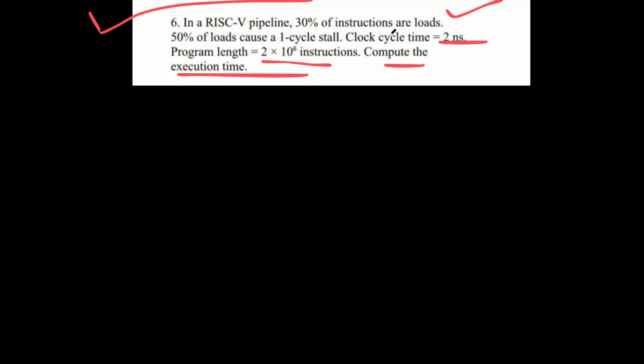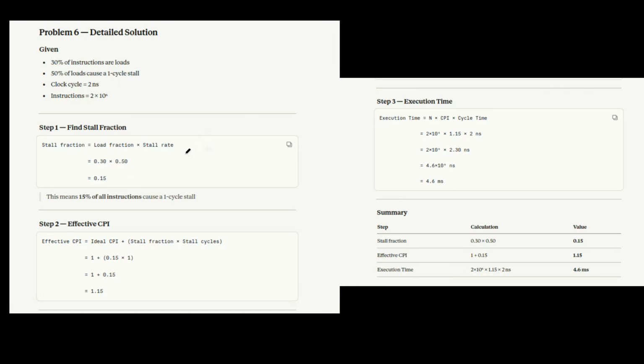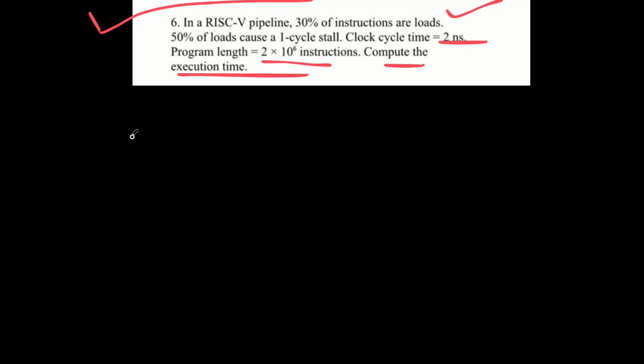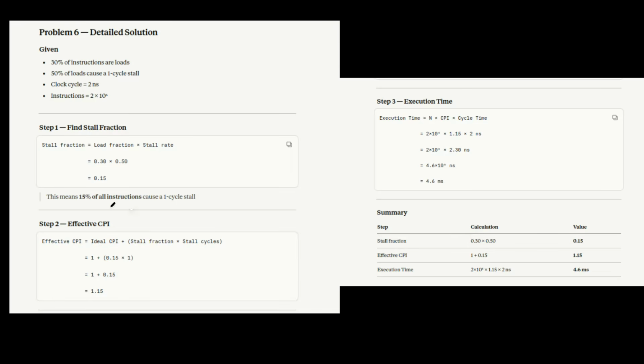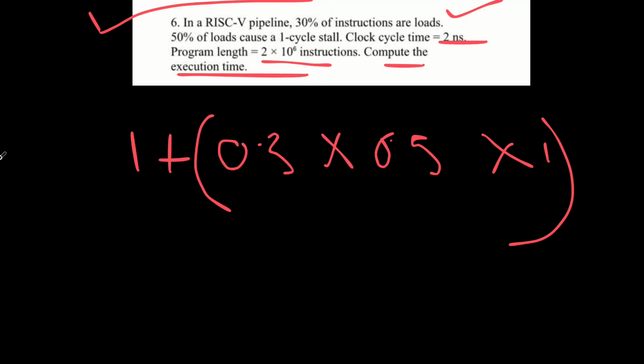The ideal value of CPI would be what? The ideal value would be 1. To that you have to add 0.3 into 0.5 into 1 cycle stall, right? That would give us the CPI that we needed.